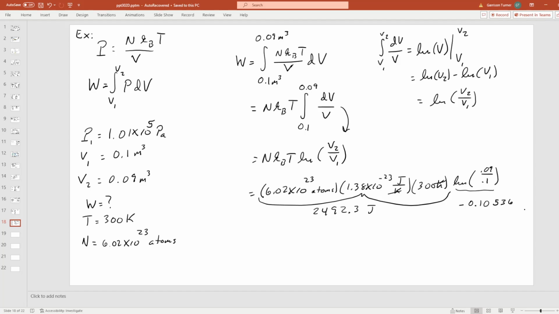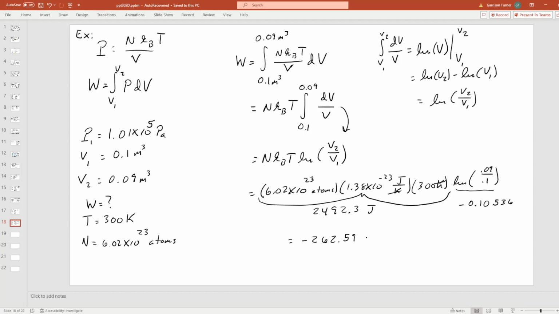And notice I'm carrying out more sig figs in this intermediate calculation, but that's perfectly fine. We'll round at the end here. So 2492.3 times negative 0.10536. So negative 262.59.